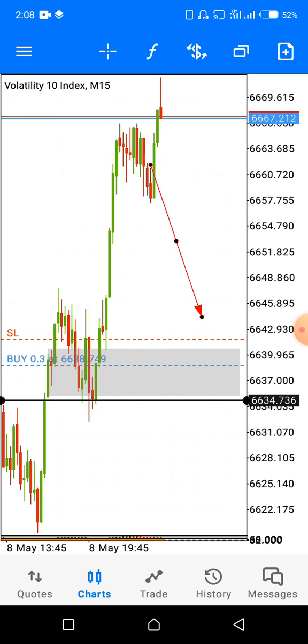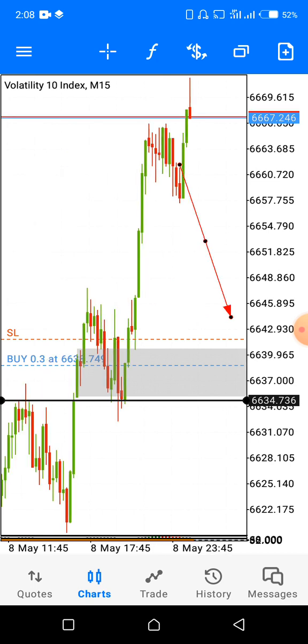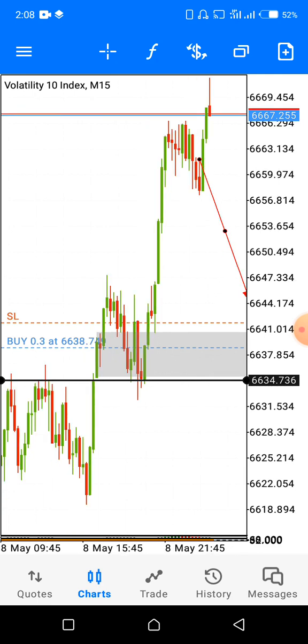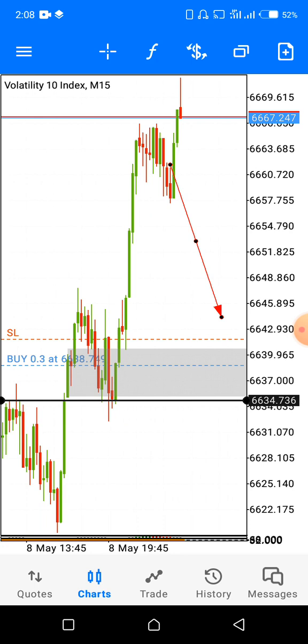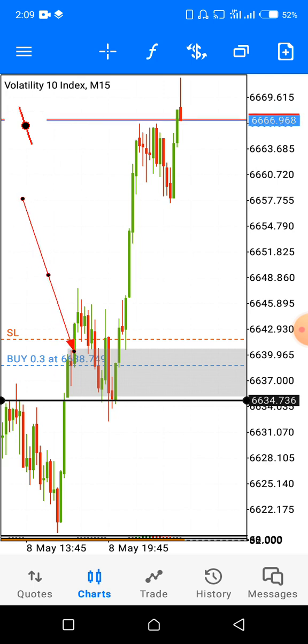Guys, this is not something difficult. All you have to do is train your eyes to spot these things. I will be making more videos to explain this. But whenever you spot this candle, in this scenario we have a rally base rally.